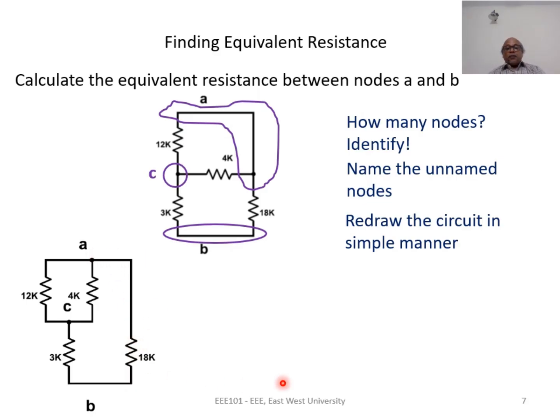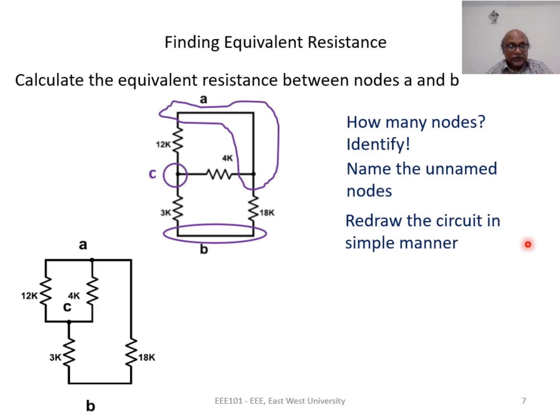So this is very important to ensure that when we redraw the circuit, we must not change any electrical connection of any resistance. Each resistance must be connected to the same two nodes as in the original circuit. So what's the advantage of redrawing this circuit in a simple manner?